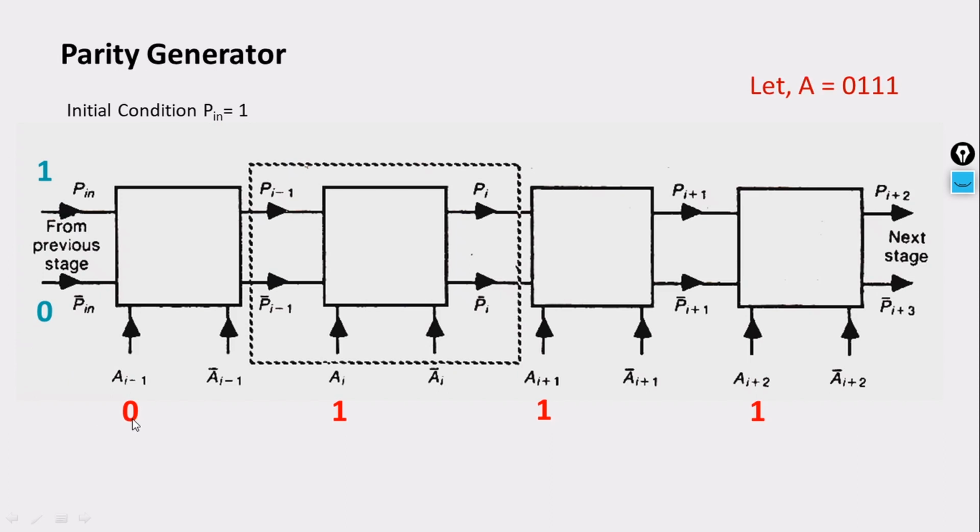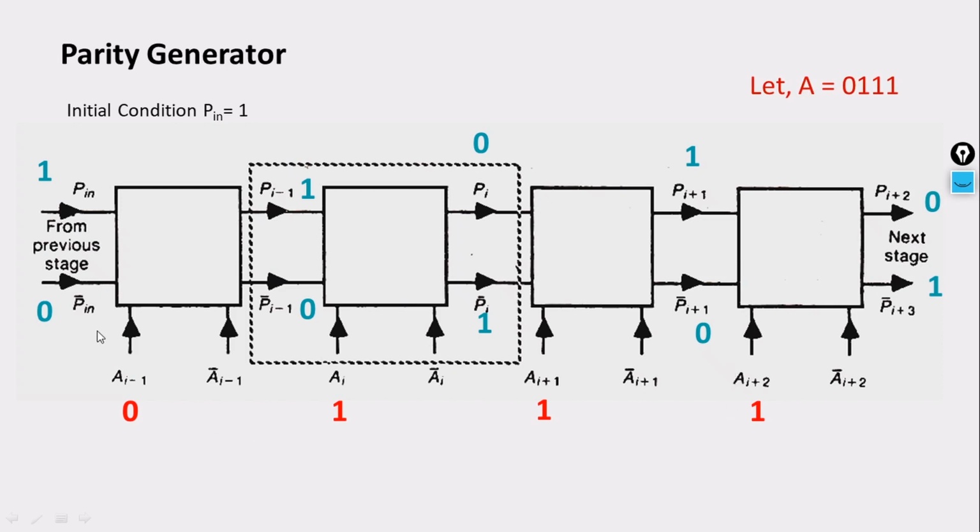Since 0 is there, I'm not going to negate, so I'll be getting 1 and then 0 over here. Then I'm having 1 over here, so my output is going to be negated, so I'll be getting 0 and then 1. Again I'm getting 1 at the input, so I'll be getting 1 and then 0. Again I'm getting 1 at the input, so I'll be getting 0 and 1.